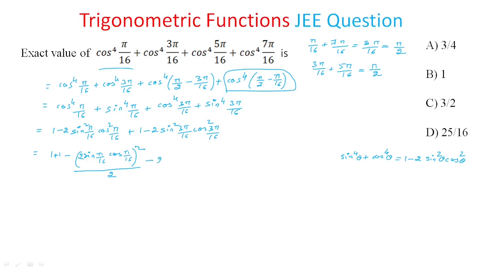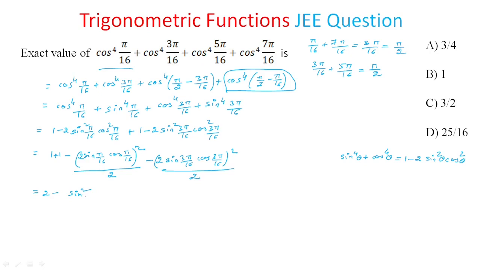Now minus 2 times sin(3π/16) cos(3π/16) whole squared divided by 2. These are in the form 2 sin θ cos θ, let us write it as sin 2θ. This is sin² of 2θ.